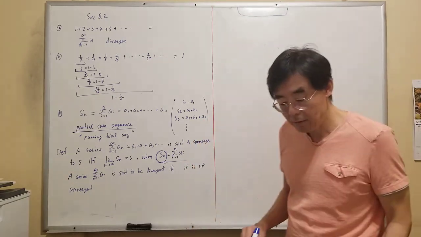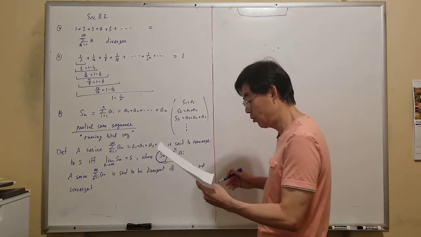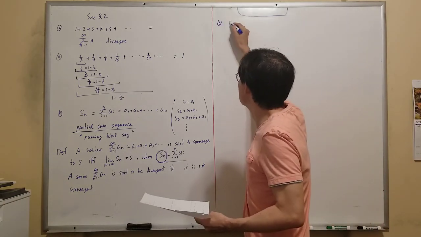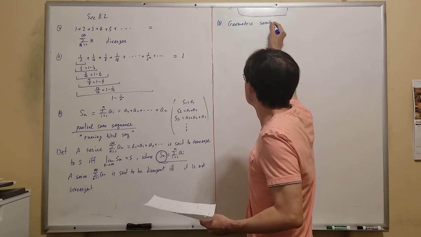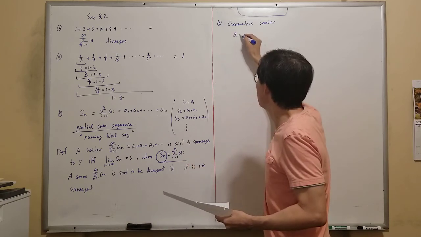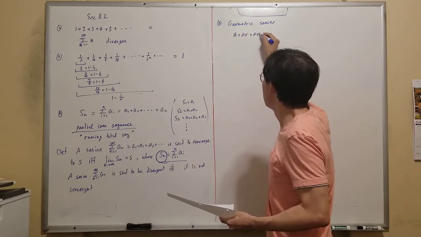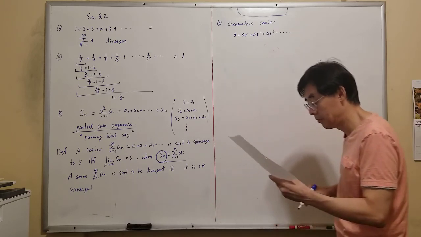Okay, now the first example will obviously be the geometric series. So let's say A plus AR plus AR squared, keep going. Okay?